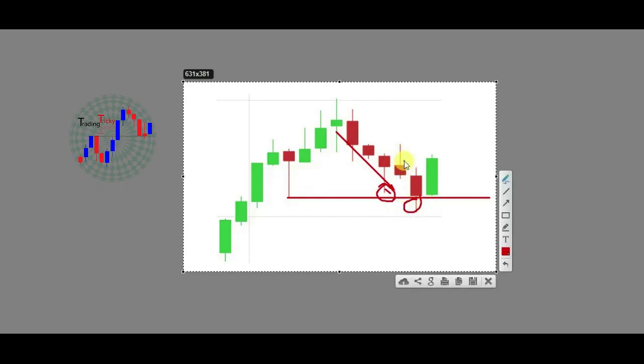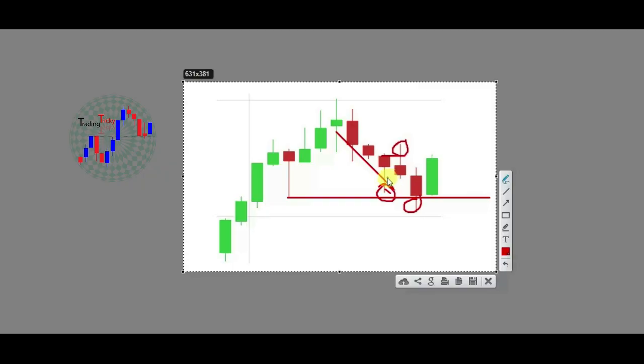This candle has a new high in this market, because this is the previous high. It crossed the level, so this is a new high, and we cannot consider this a new low, because this is a downtrend.